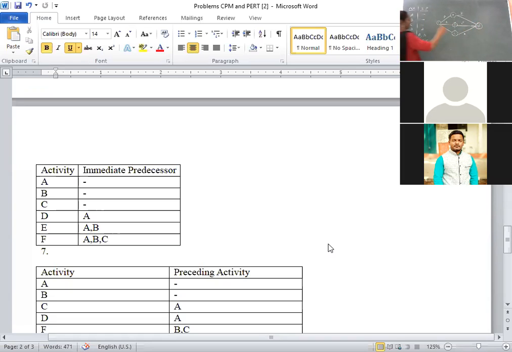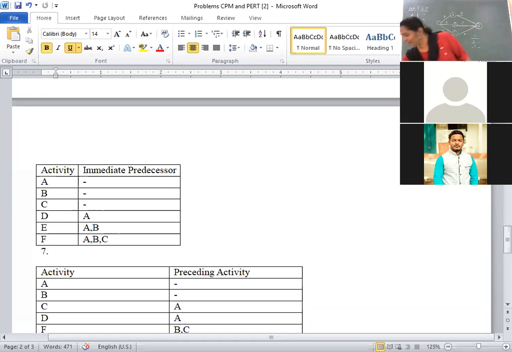D, E, F. Okay, node means activity should start at some node and should end at end node. Any queries? समझ में आ रहा है? Yes, ma'am. Good.